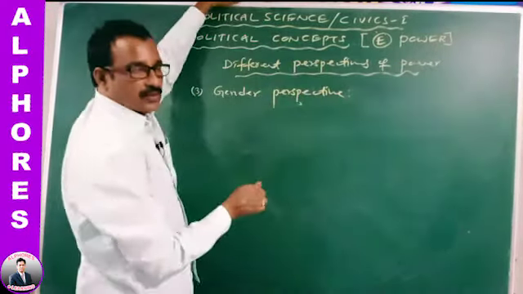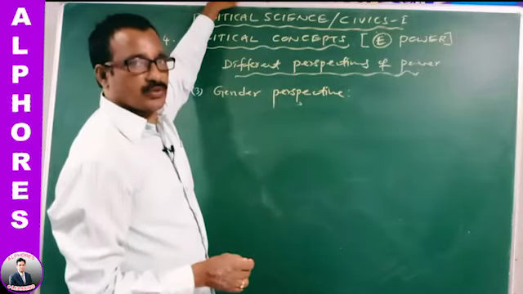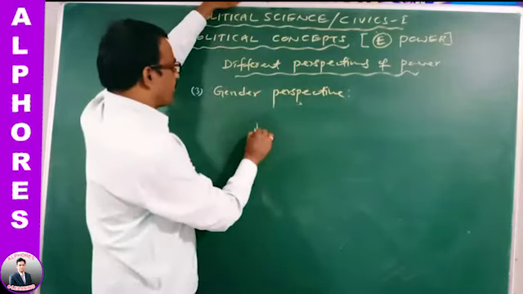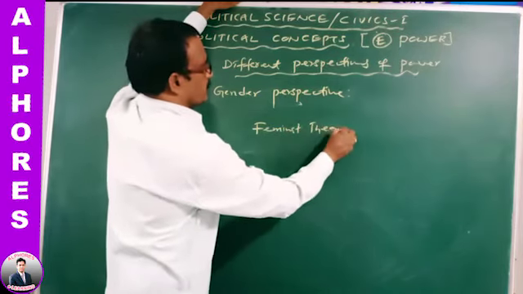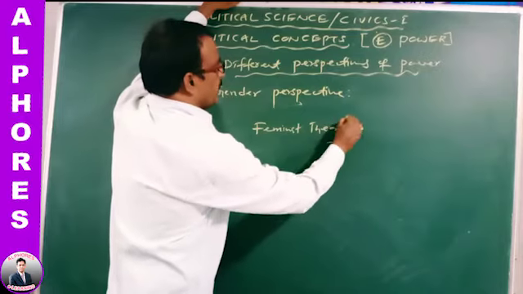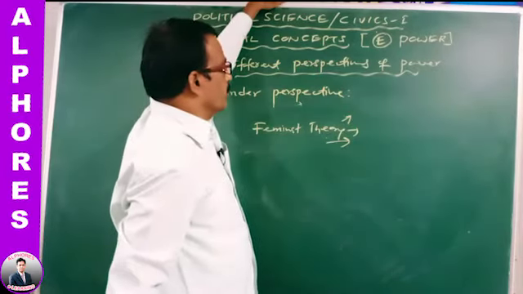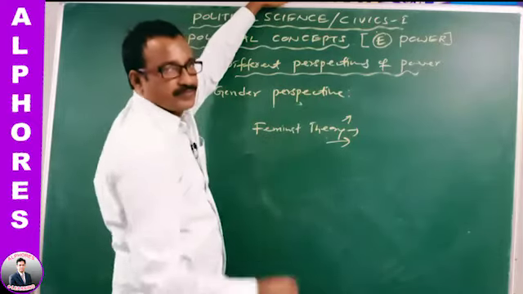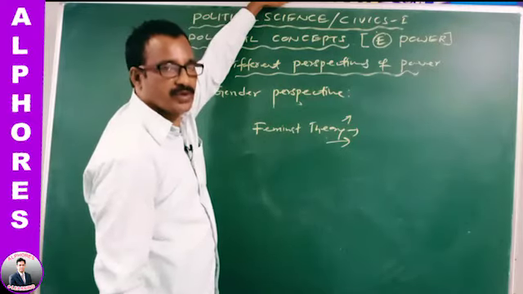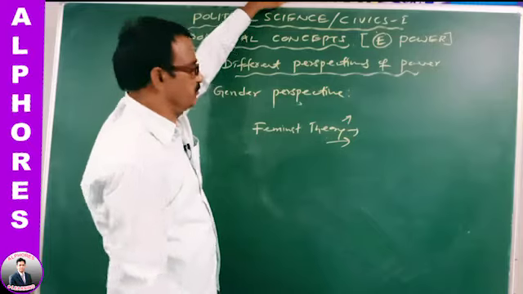And so, some political philosophers proposed a theory that is called feminist theory. Feminist theory demanded total changes in this arrangement. They wanted to liberate the women from the domination of men. Clear?